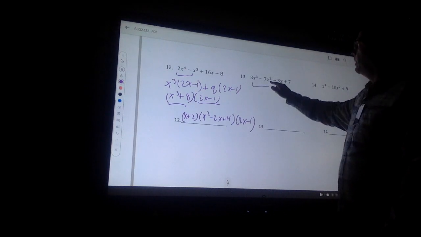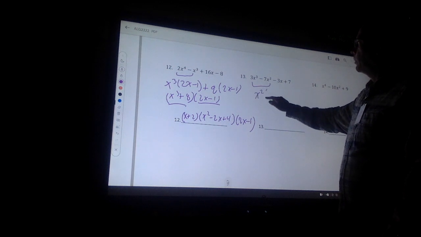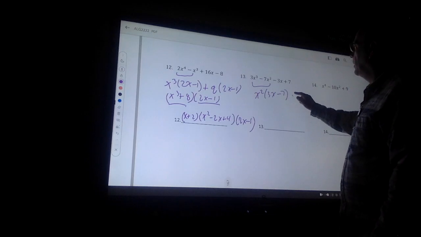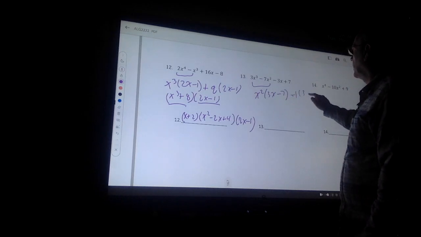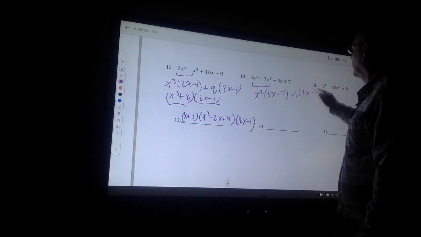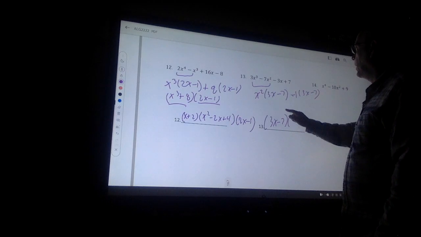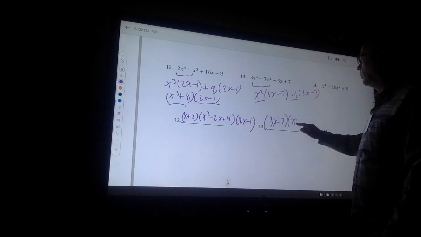This one, factor by grouping, so that's going to give me x squared, that's 3x minus 7, and factor negative 1 out. So 3x minus 7, x squared minus 1, it's going to be x plus 1 and x minus 1.